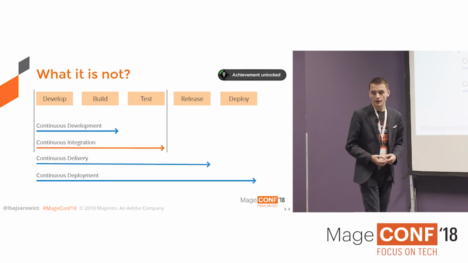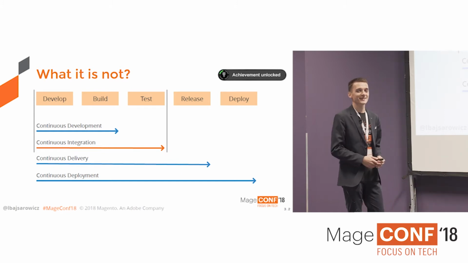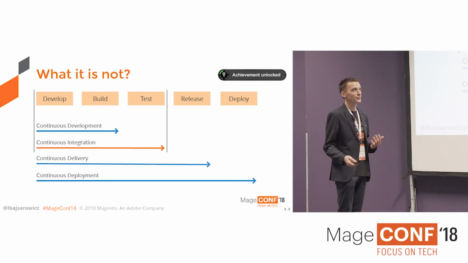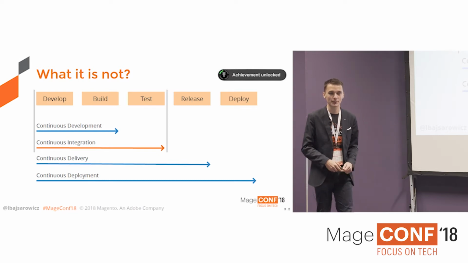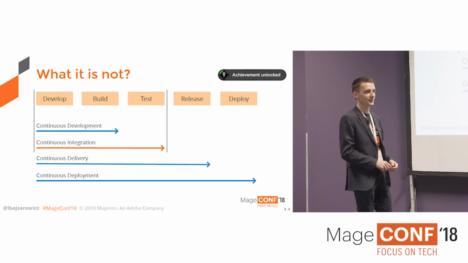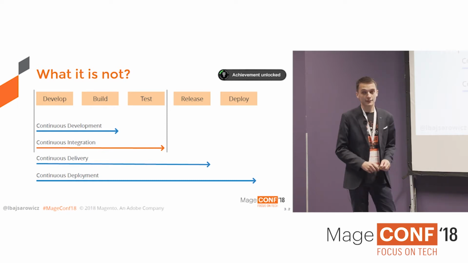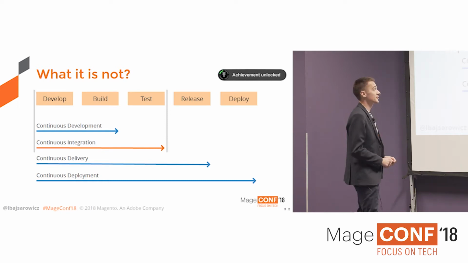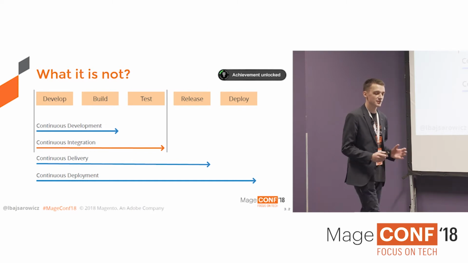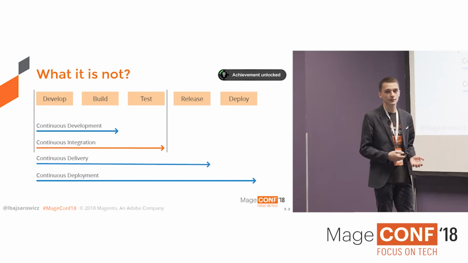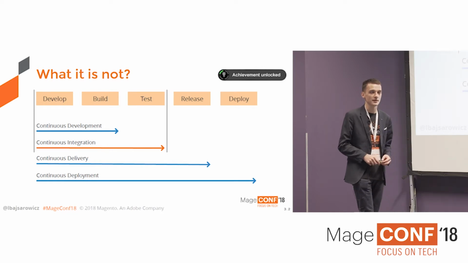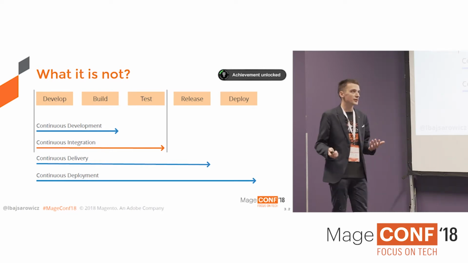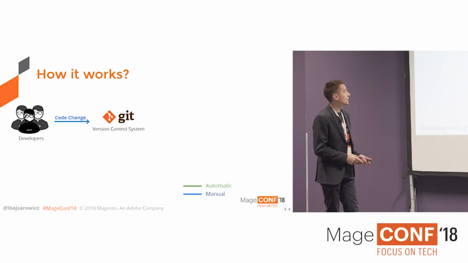So I hope that you will remember that slide, and you will not misunderstand it in the future, saying to your boss that you want continuous integration, and you will explain to them that it's not rocket science, it's not about deployment, it's just about having code continuously merged to the master branch, or just the release branch.